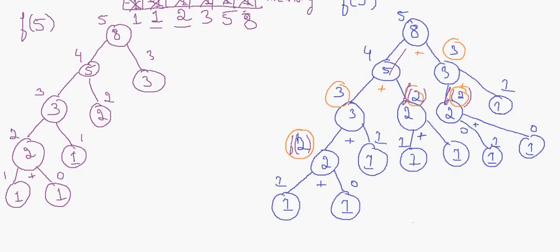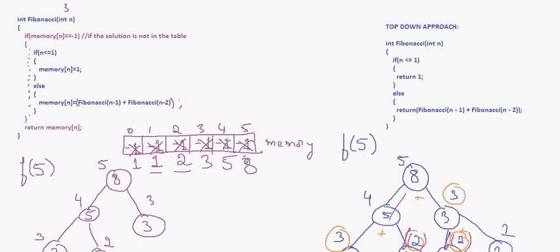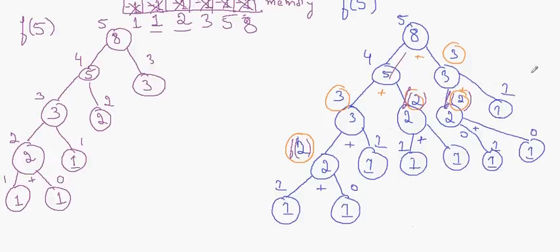If we look at the top-down approach and the top-down approach with memoization, we see that Fibonacci of 2 is calculated only once and never again. Fibonacci of 3 is calculated only once, so it's here, and here it's not calculated, rather returned from the memory, memory of 3, so that was 3 here, so it was not calculated.